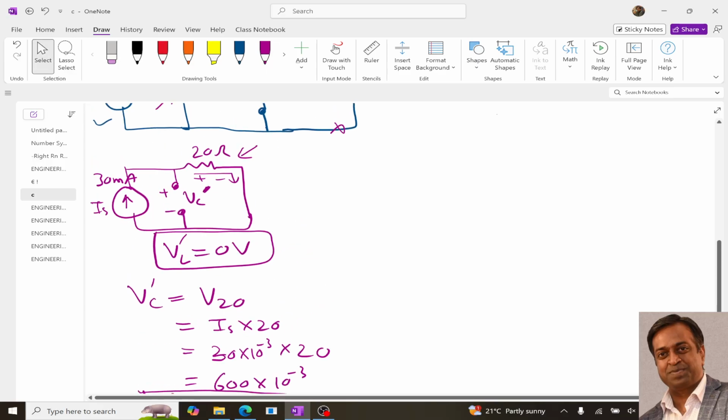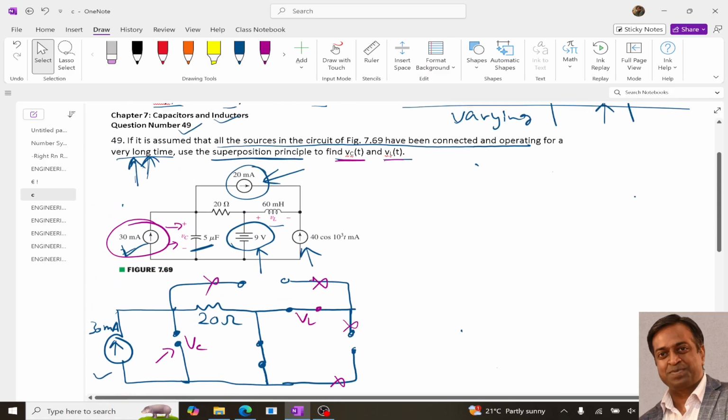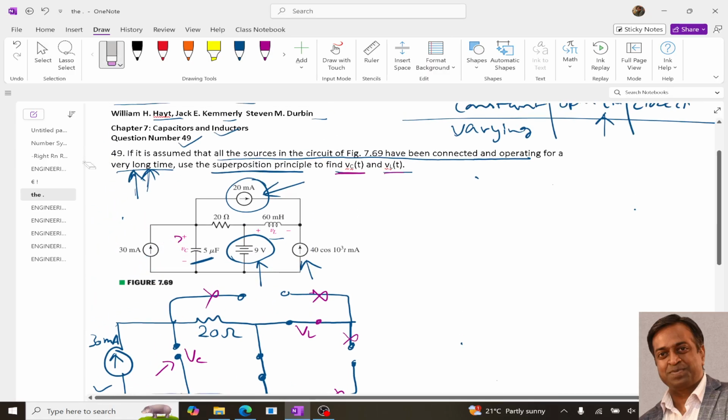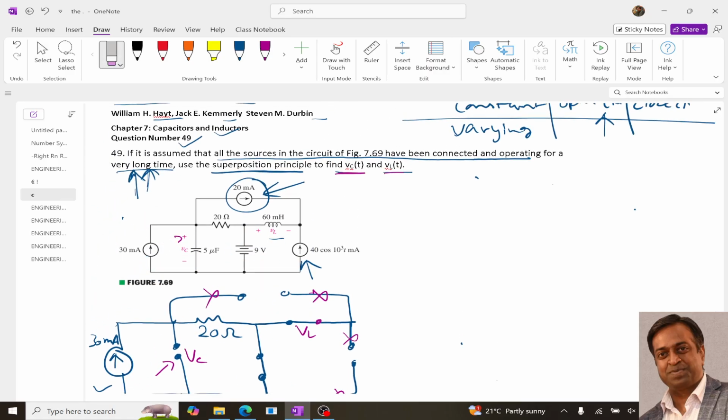Now similarly, I will consider another source as active. I will keep this as active and just remove all the other sources. So I will replace this with open circuit, this with open circuit, this with open circuit.